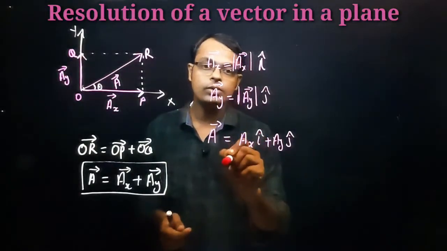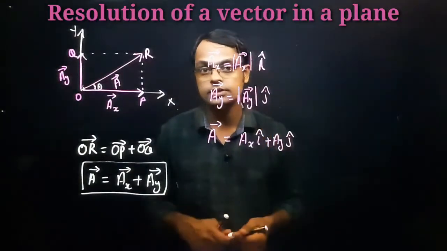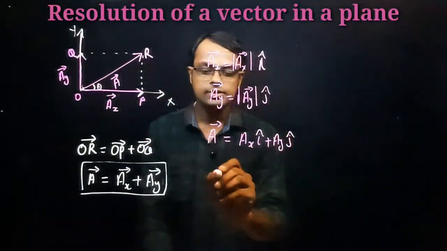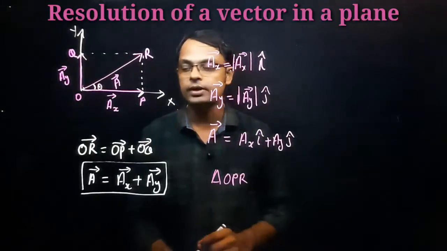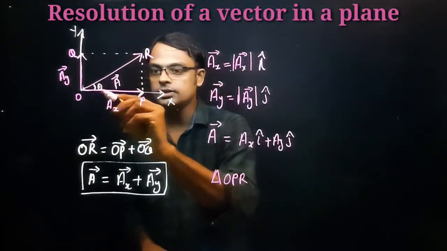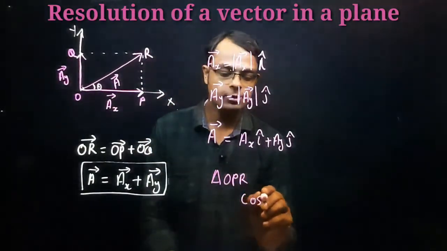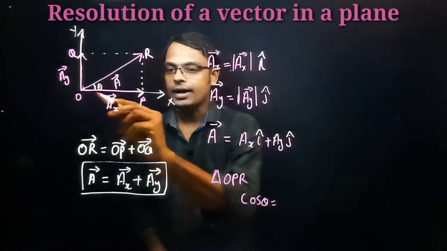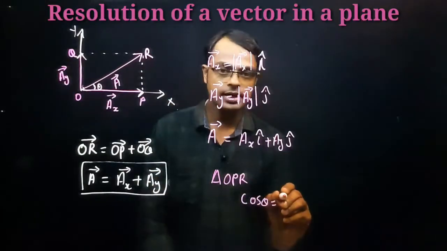Now how to calculate the magnitude of this given vector? For that, you just take this triangle, say the triangle OPR. Here the resultant, or the given vector A, is making an angle theta with the x-axis. So you can calculate cos theta, which is equal to adjacent side divided by hypotenuse. What is the adjacent side here?